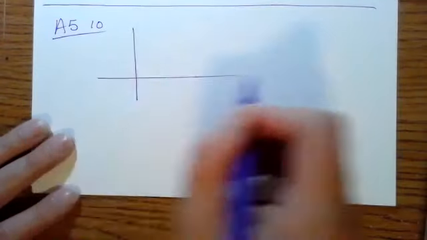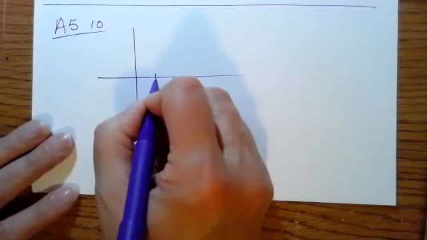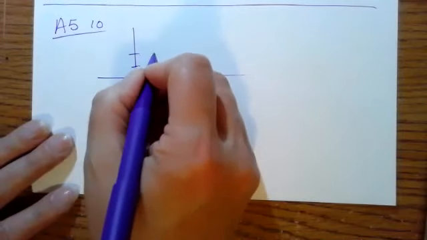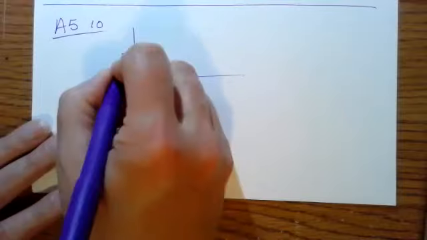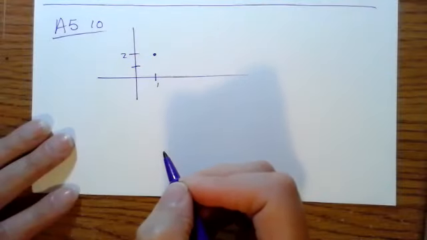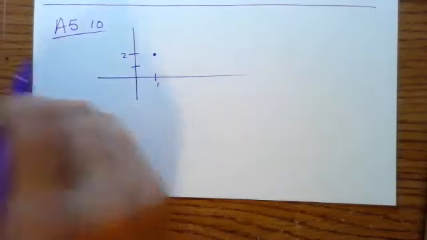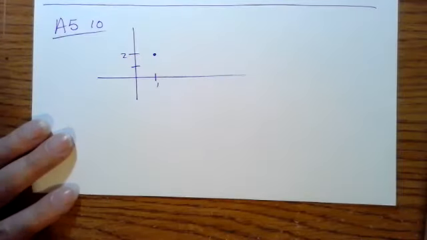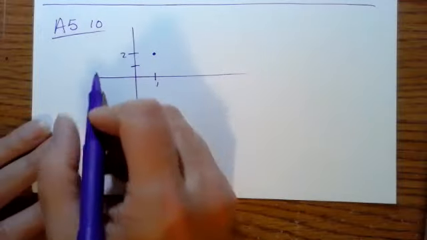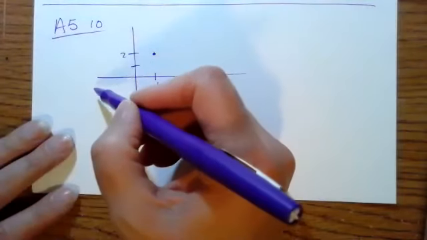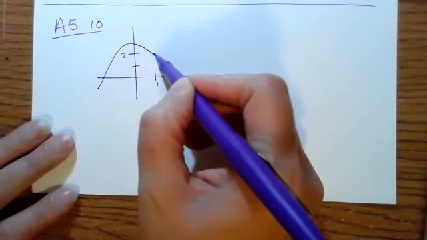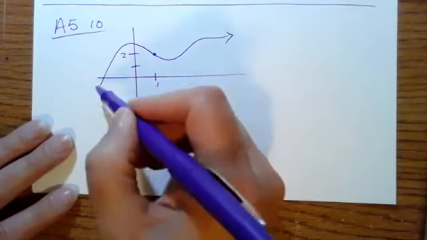Okay, let's see, I'm going to diagram what we got. So 1, 1, 2. And okay, so what you want to do is draw just some random graph of a function that passes through that (1, 2) point. It's kind of random.